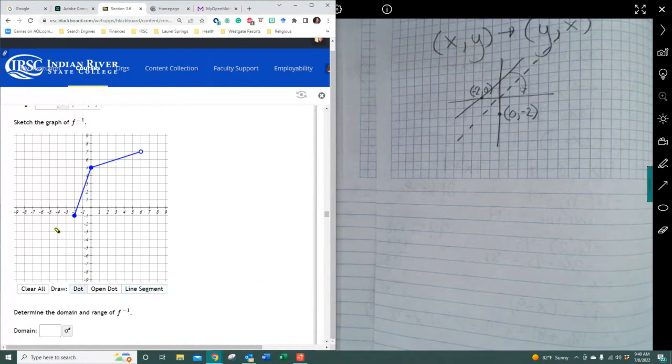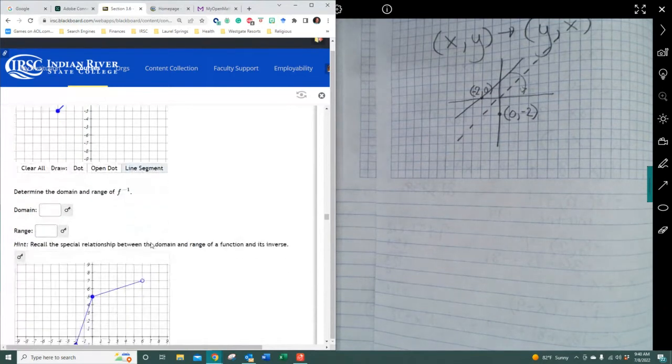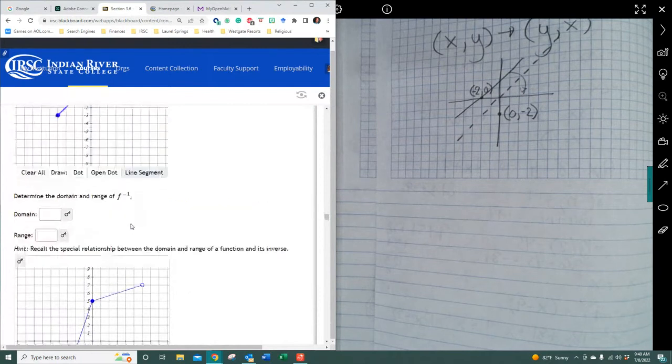Oh, I need a dot. And then put a line segment. And then you would get the same exact value system that we have here.